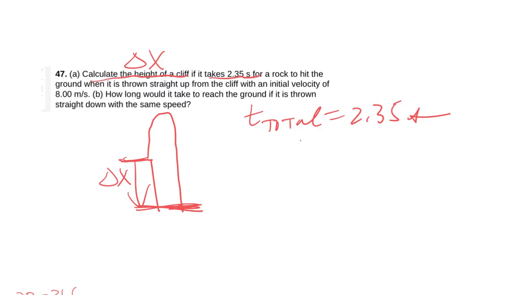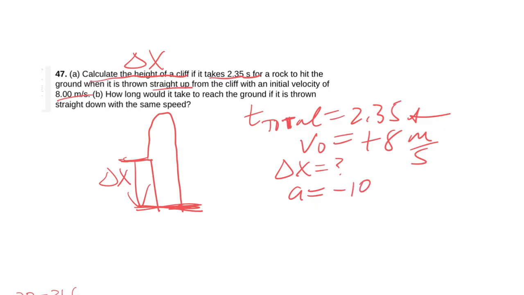Okay, VO is positive 8 meters per second. It's thrown upwards. How long would it take to reach the ground if it's thrown straight down with the same speed? Well, first of all, I have to find what delta y is, so I can use that for the second part of the problem. Okay, so how can we do that? I know A is negative 10. VF is not 0. I don't know what VF is.